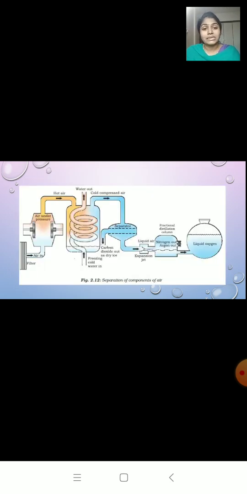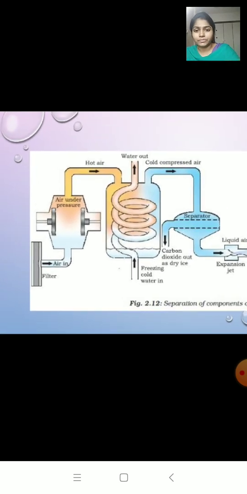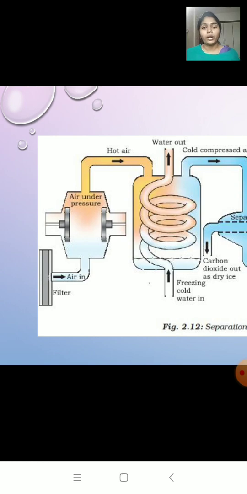Now this is the setup for separation of gases. First, the air is filtered. It is passed through a filter to remove impurities like dust particles. Once the impurities are removed, the filtered air is passed into a compressor.